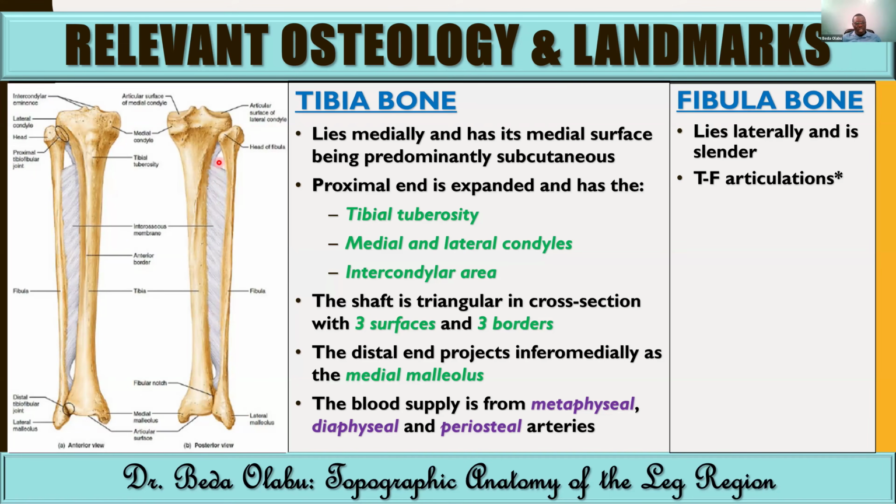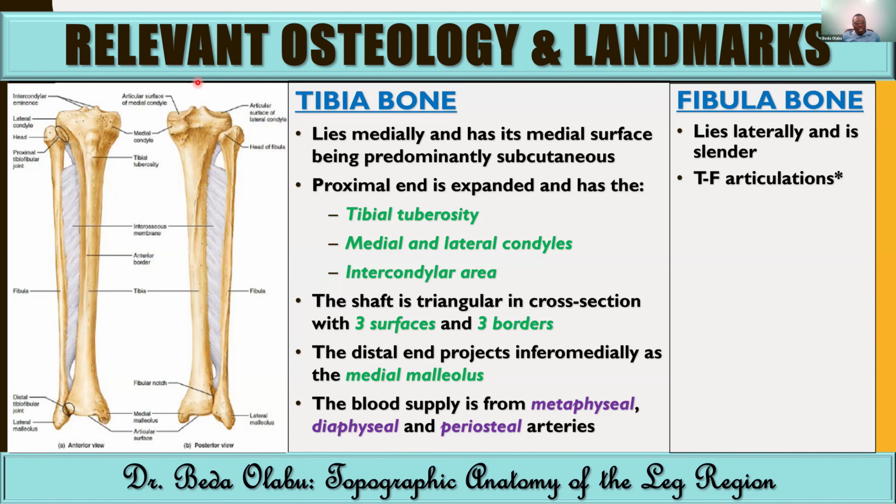There's a gap on its upper end. The gap on its upper end is not a gap through it. It's a gap above it. And that gap allows the passage of the anterior tibial vessels.